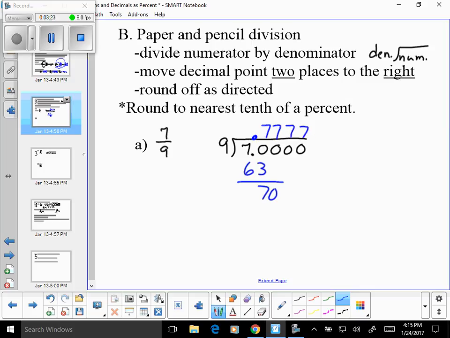Now, I need to shift that decimal point over 2 places to 77.77. And then I need to round off. 77.8%.